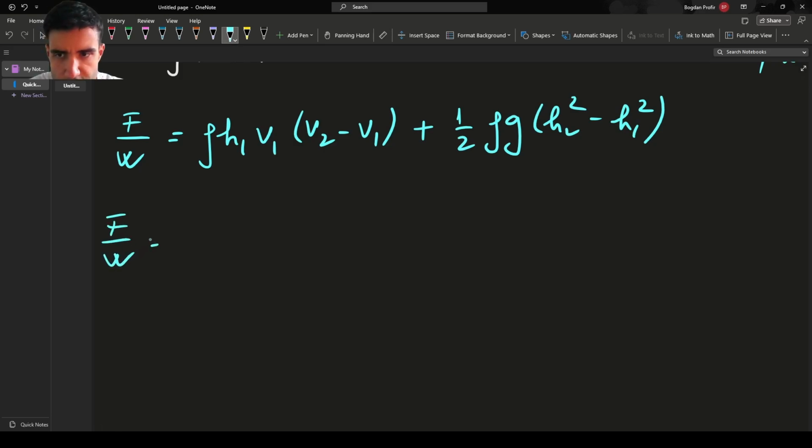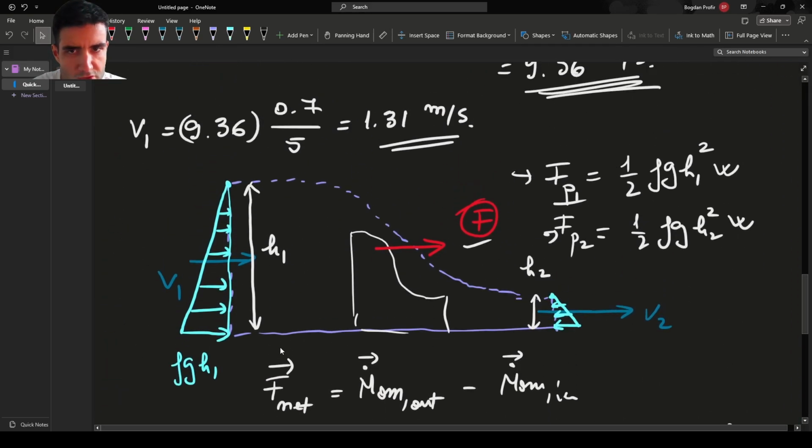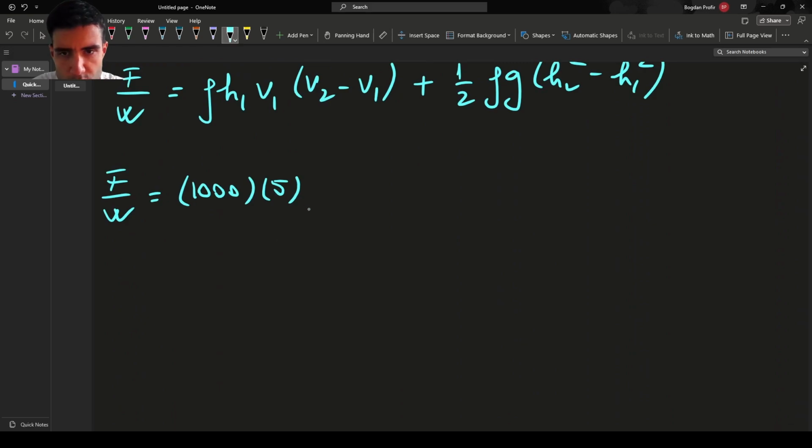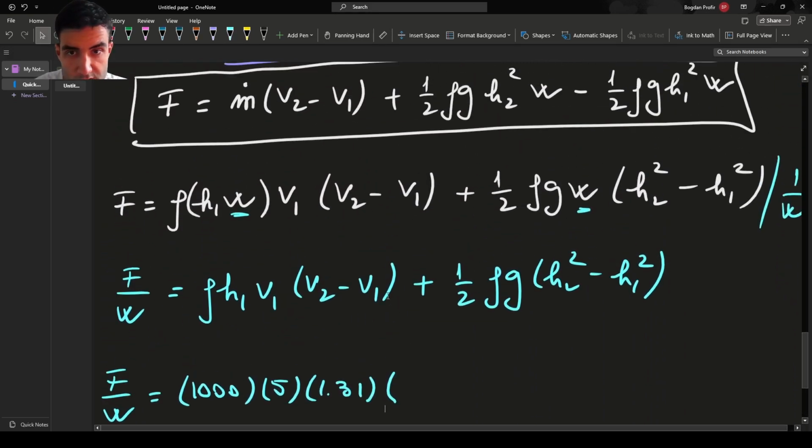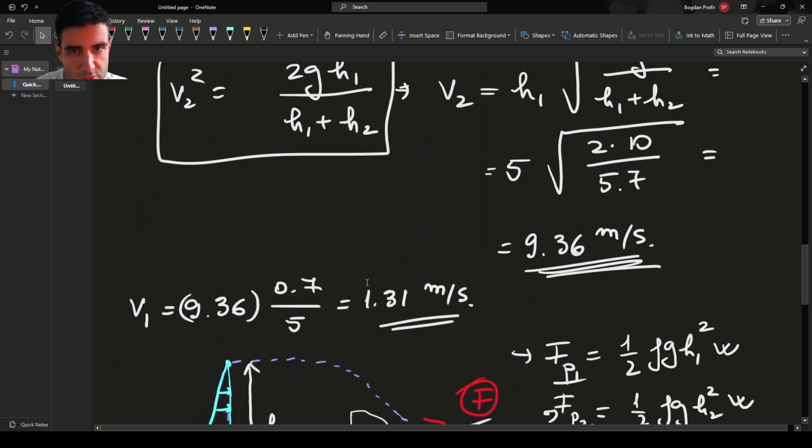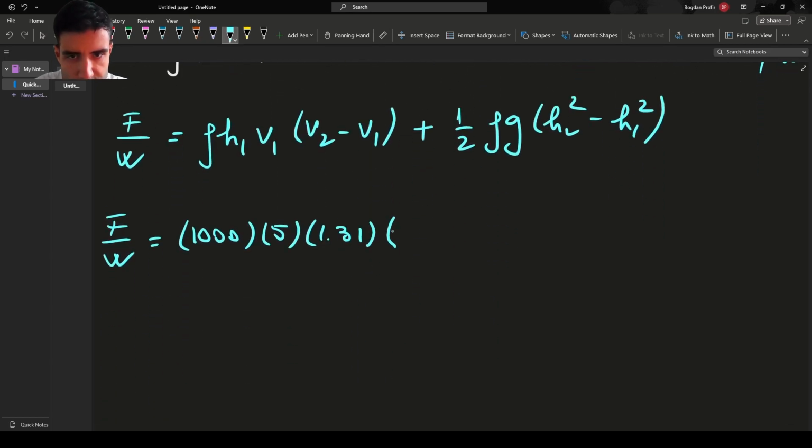So F over W is going to be equal to density, which is 1000, H1, which was 5, and then V1, which came out as 1.31. Then we have V2 minus V1. So V2 minus V1 was 9.36 minus 1.31. And then we have this second term, which if you look at it closely, you'll realize it's negative.